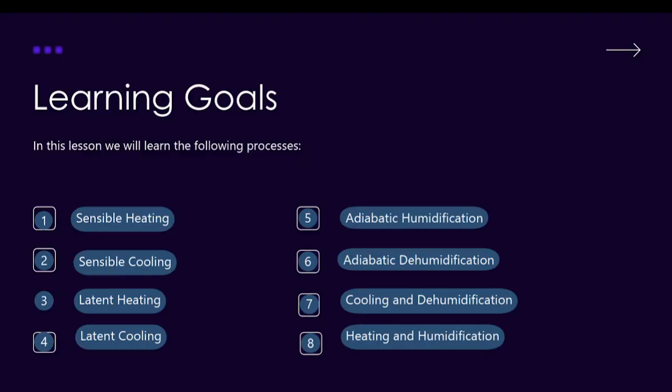All these processes are introduced in this slide in this video. Some of the processes might be covered in our next video. We will try to complete all of them.